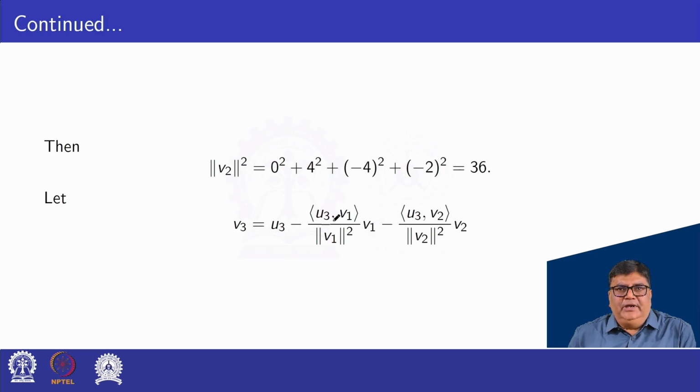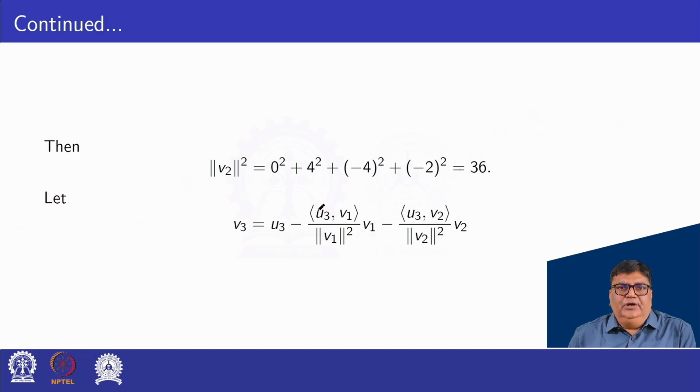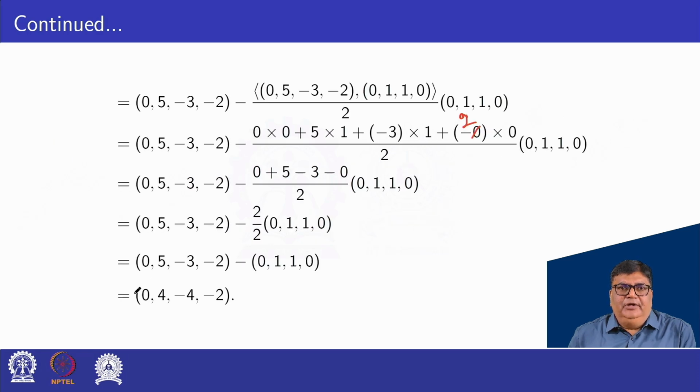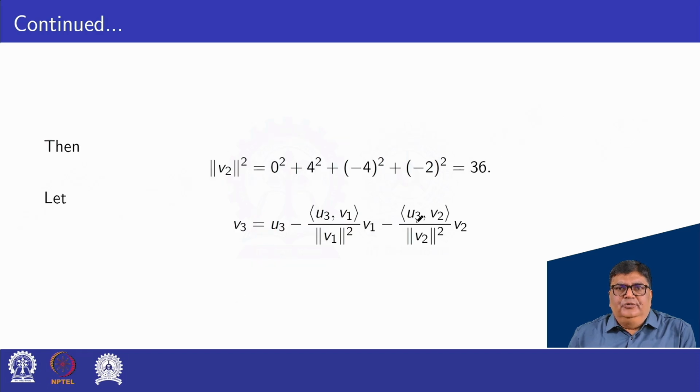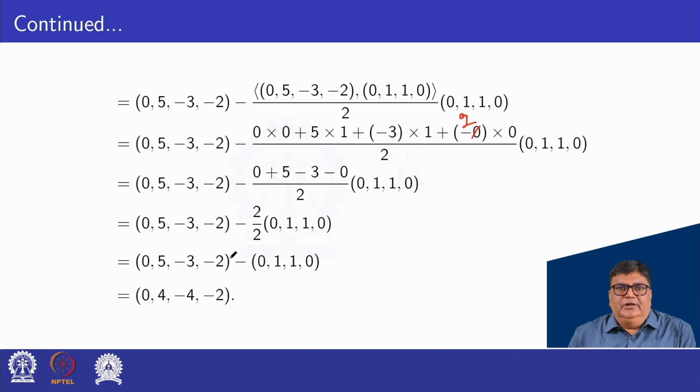V3 is equal to U3 minus the inner product of U3 and V1 upon the norm of V1 squared, into V1, minus the inner product of U3 and V2 upon the norm of V2 squared, into V2. As above, we solve it by putting in the value of U3, and the inner product of U3 and V1, where V1 is equal to U1, and here the inner product of U3 and V2. We have obtained the value of V2, so putting it here and simplifying, in a similar pattern to the explanation of V2.